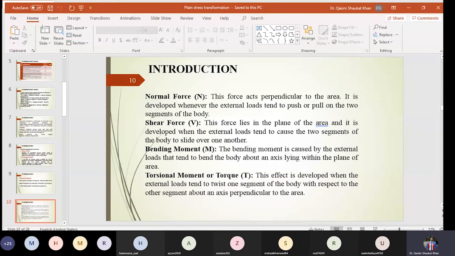So shear force is the force which tries to cut the element into two halves, and the shear force will produce shear stresses.